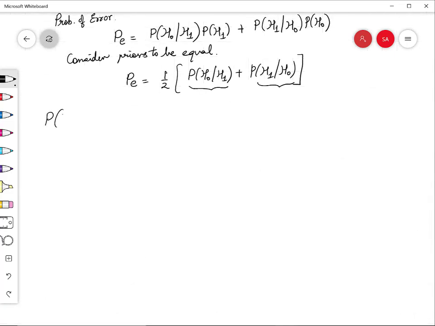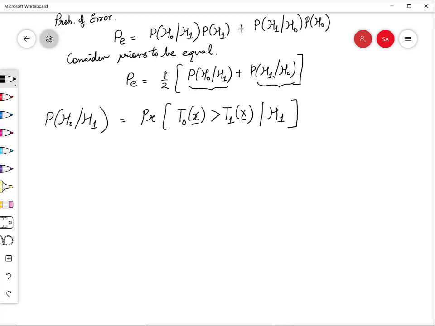Alright, now let's try to figure out these two probabilities. What is probability of H0 given H1? This is the probability that your T0 statistic is greater than T1 statistic given hypothesis 1 was correct. Let me define another statistic, T of x, which is T1 of x minus T0 of x.